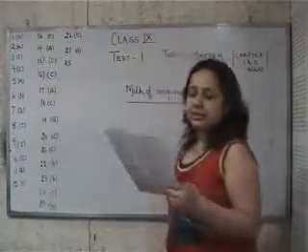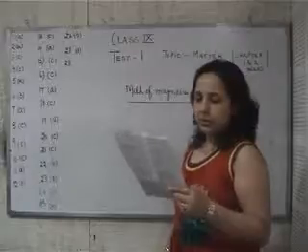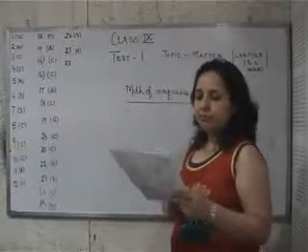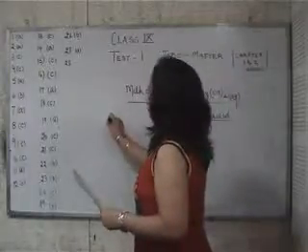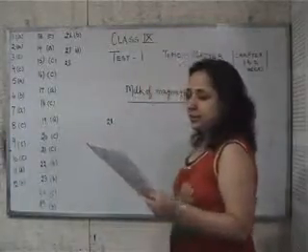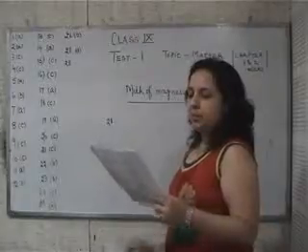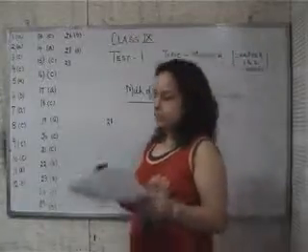Which of the following is a suspension? Now when we say which of the following is a suspension, in the 28th question we are having milk. Milk, I have just told you, is an emulsion.